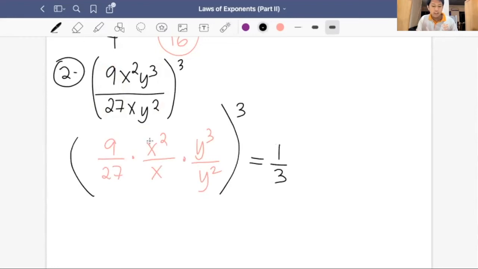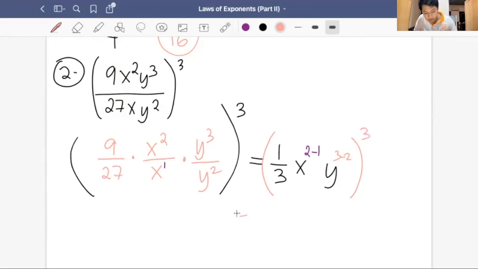And then x squared over x, using the quotient rule, we have x to the 2 minus 1 because there's 1 there, times y to the 3 minus 2. And then enclose everything by parentheses and raise it to 3.